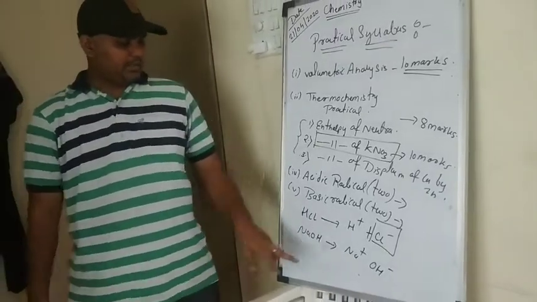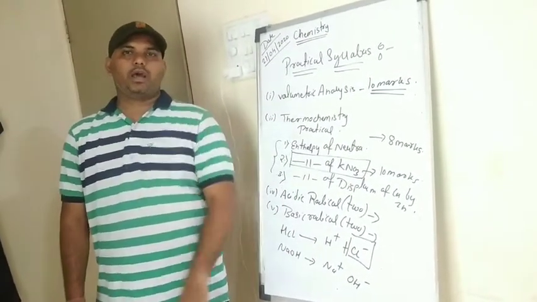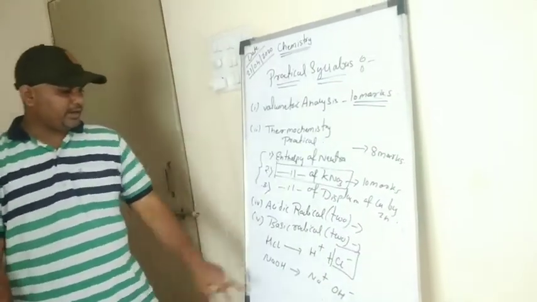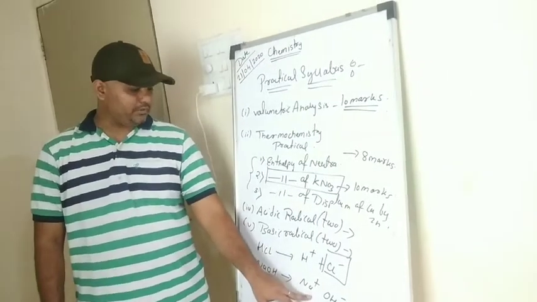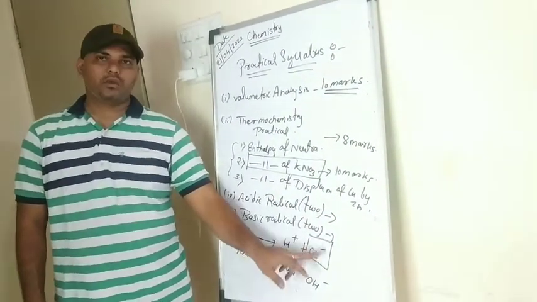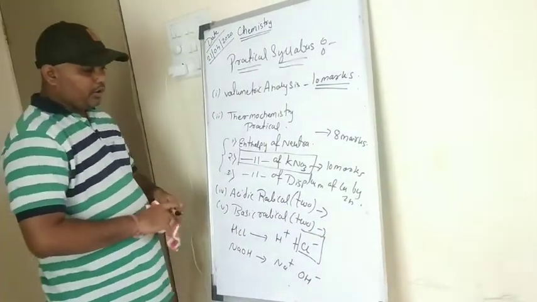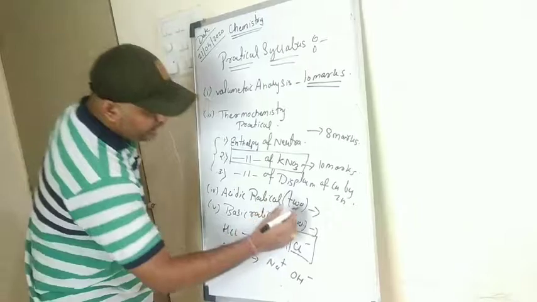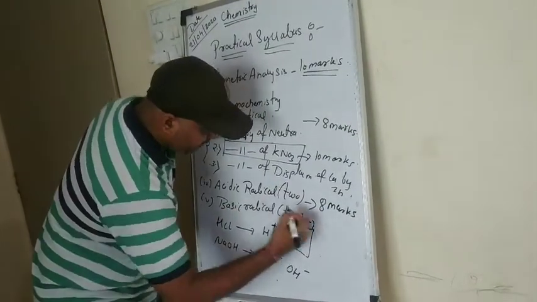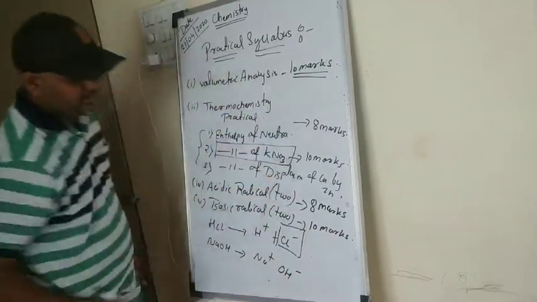Here Na plus becomes the basic radical. They are also called cations. Cations are positively charged particles, so sodium carries a positive charge. Anions are negatively charged particles, so chlorine carries a negative charge, right? Now talking about the marking scheme, acidic radical is for 8 marks and basic radical is for 10 marks, right?